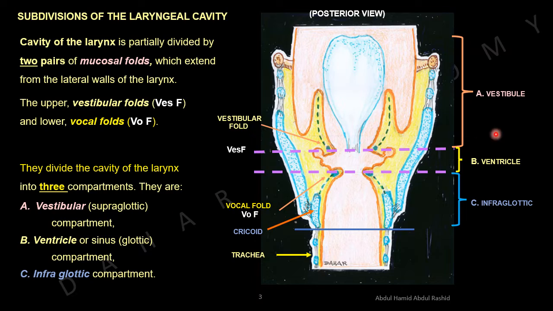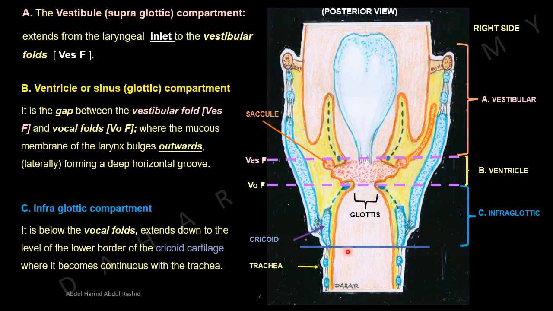They are: A, the uppermost one, called the vestibular or supraglottic compartment; B, the middle one, called the ventricle or sinus, the glottic compartment between the two vocal folds; and C, the lowest one, the infraglottic compartment below the vocal folds until the lower border of the cricoid cartilage.